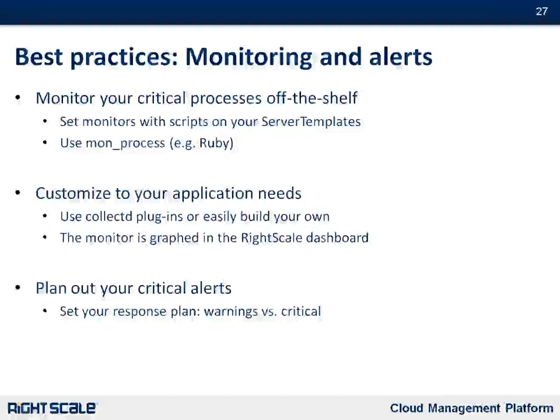Make sure that you customize monitoring to your application's needs. Something that should not be a deterrent is to say it would be nice to monitor this metric, but we don't know how to do it. I think that's not an excuse. It's very easy to do, and it's just part of the life cycle of any sysadmin.